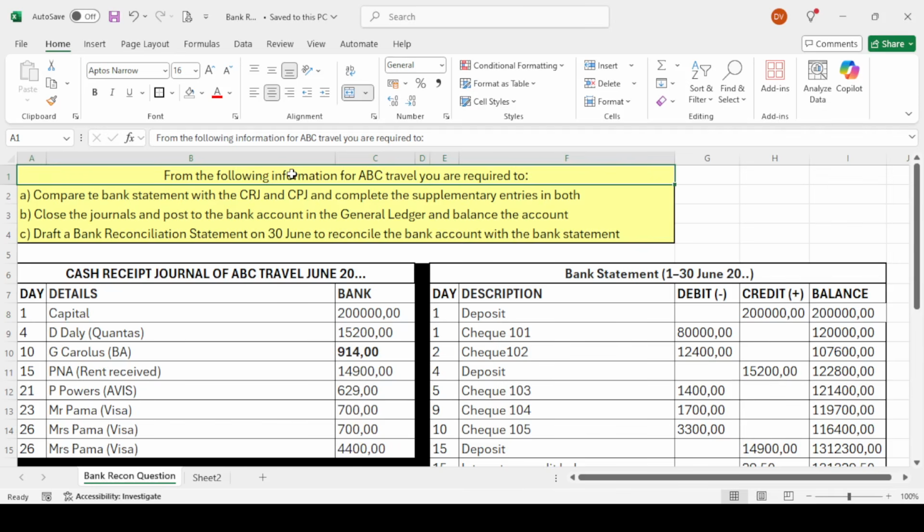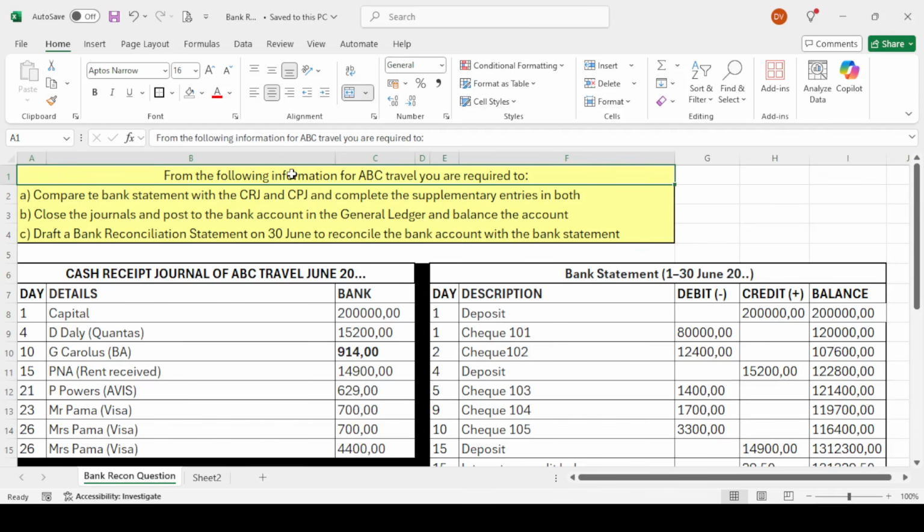So they also do their books. And now you have to check that everything from your CRJ and your CPJ matches with what is on your bank statement.